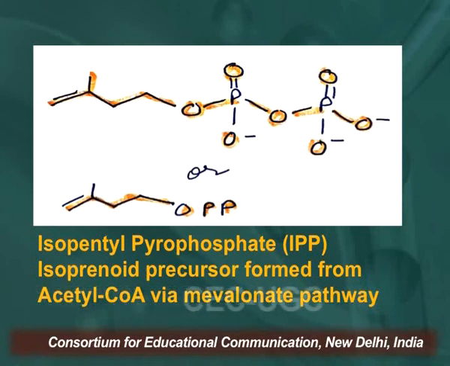This isopentenyl pyrophosphate, represented as IPP, is an isoprenoid precursor formed from acetyl coenzyme A via the mevalonate pathway. This mevalonate pathway is very important for the biosynthesis of terpenes, squalene, and also cholesterol.